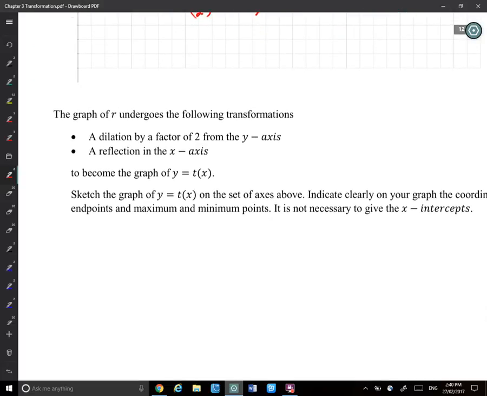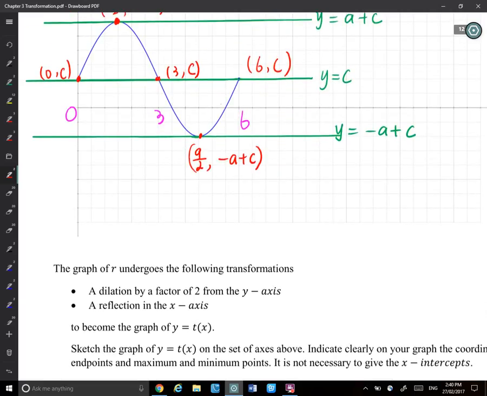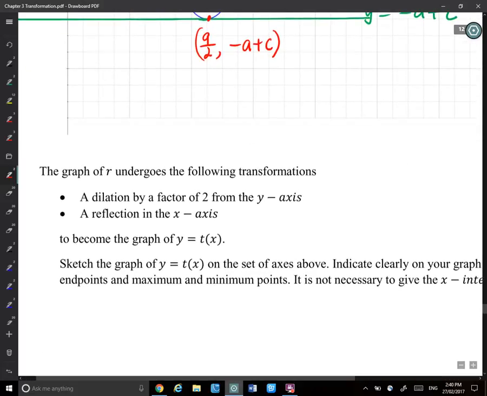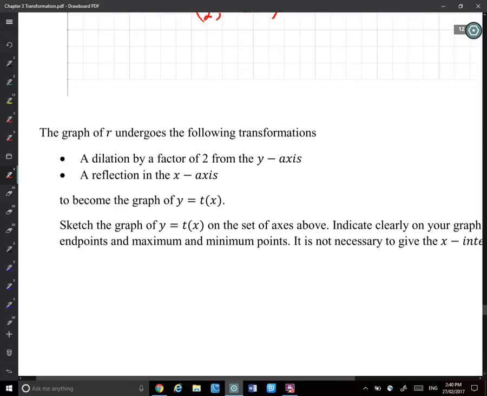Now it's telling you the graph of R undergoes the following transformation. There's a series of transformations. A dilation by a factor of 2 from the y-axis is changing the x value.